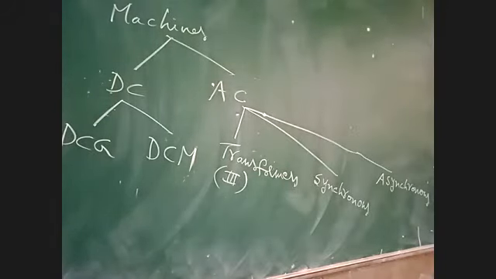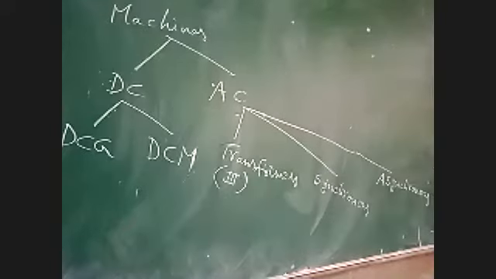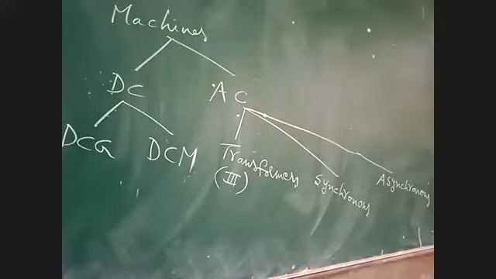See, synchronous machines means, suppose in your house you have seen the DC motor. Had anybody seen the DC motor in your house? Have you seen DC motor for pumping water from the bore? Yes, sir. On DC motor, have you seen the ratings?